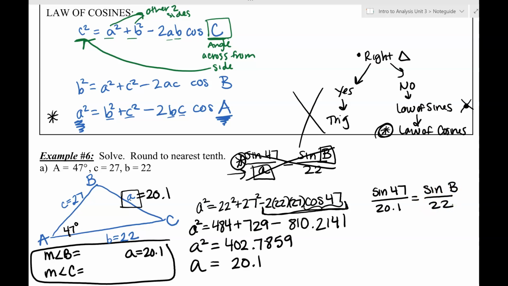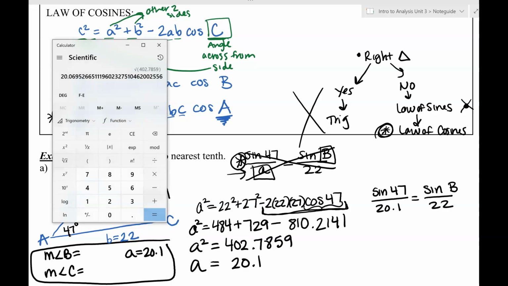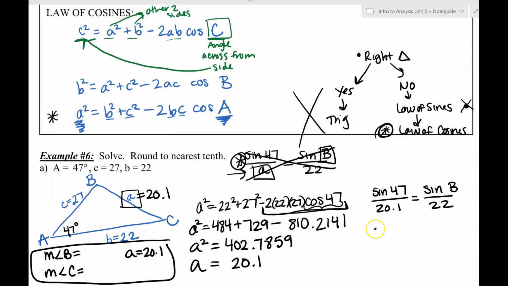And this is now solvable because there's only one variable. So I'm going to find the sine of 47. So 0.7314 over 20.1 equals the sine of B over 22.